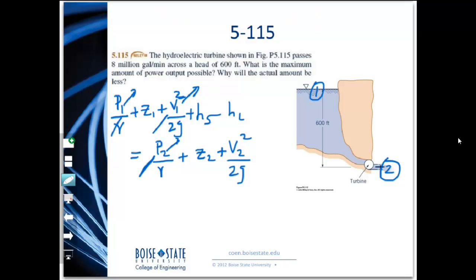You have several unknowns here, but let's try to come up with the maximum amount of power output possible, which will be based on your head, Hs. So Hs would be Z2 minus Z1 plus HL plus V2² over 2g.